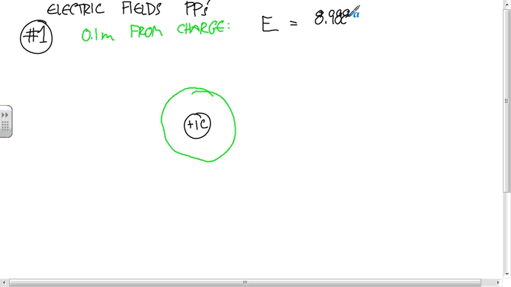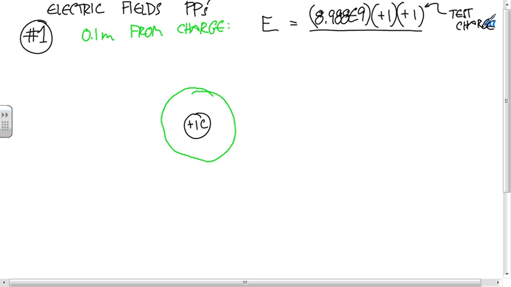8.988 times 10 to the 9 times the fixed charge times our test charge, and I'm going to use +1. You really could use any test charge, but then you'd have to divide by it at the end.